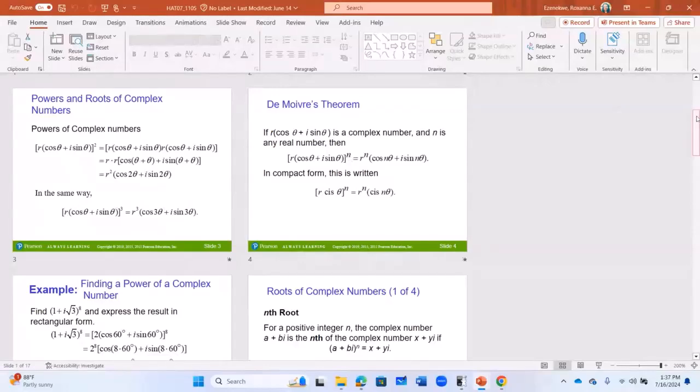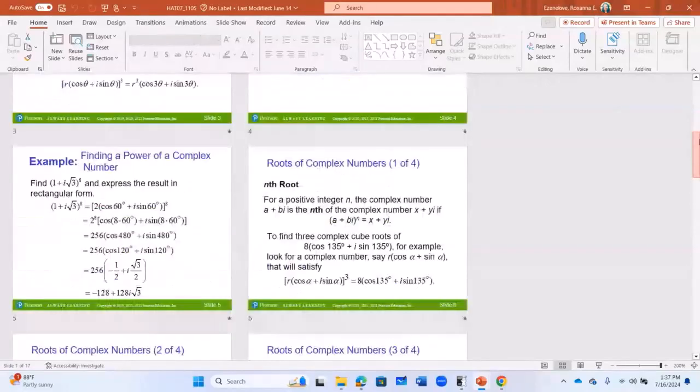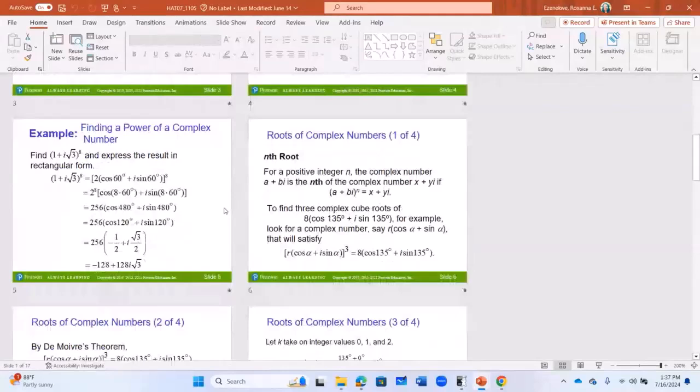Alternatively, you can use what we just did. So 1 plus i root 3 raised to power 8 is equal to, bring down the equation. Now raise r, the modulus, to the power, and then it's just like adding 8 times, so multiply.